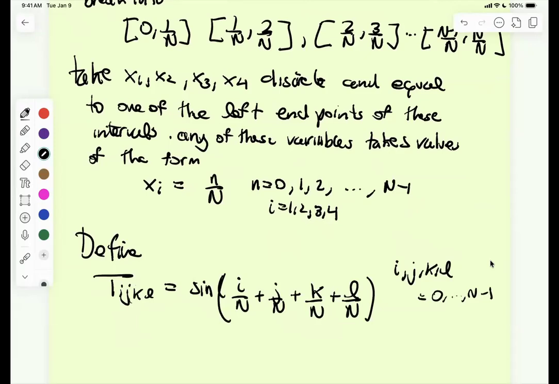So this is my discrete x1, my discrete x2, my discrete x3, my discrete x4. It's a bit easier to think about it that way.